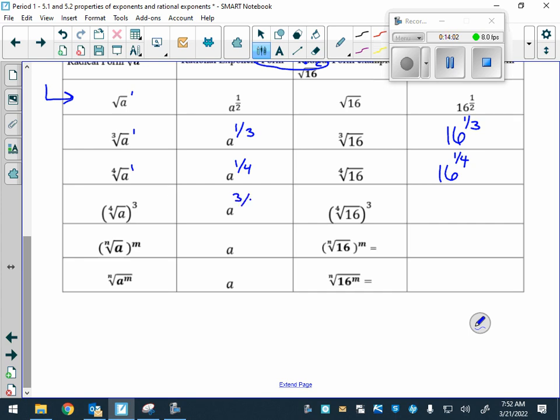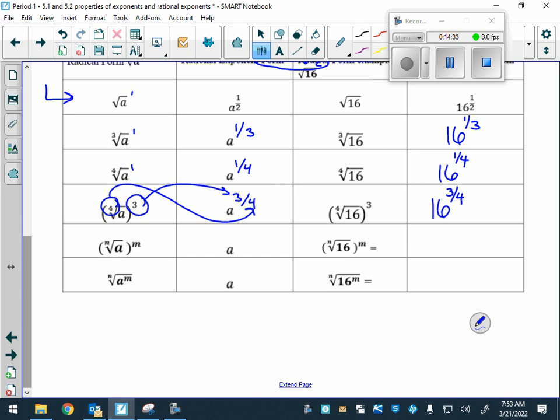A to the 3/4. So, your index is still your denominator, okay? Your exponent is your numerator, okay? So if I had the 4th root of 16 cubed, how would I write it? Good. 16 to the 3/4.